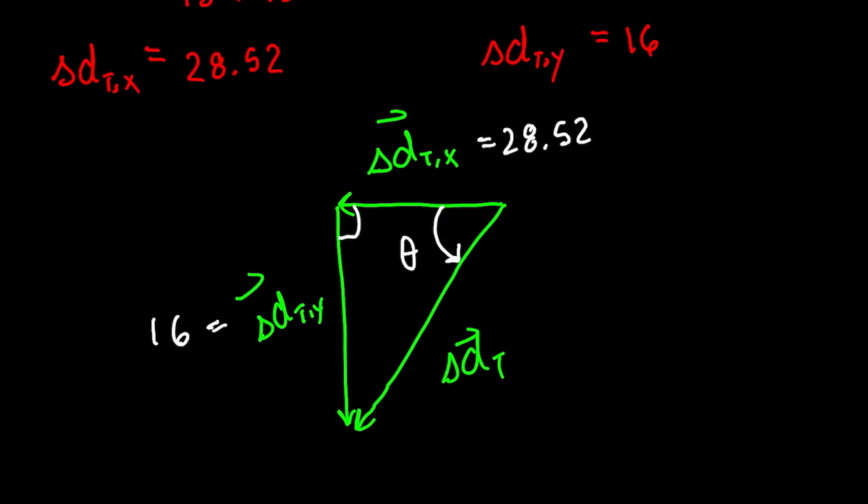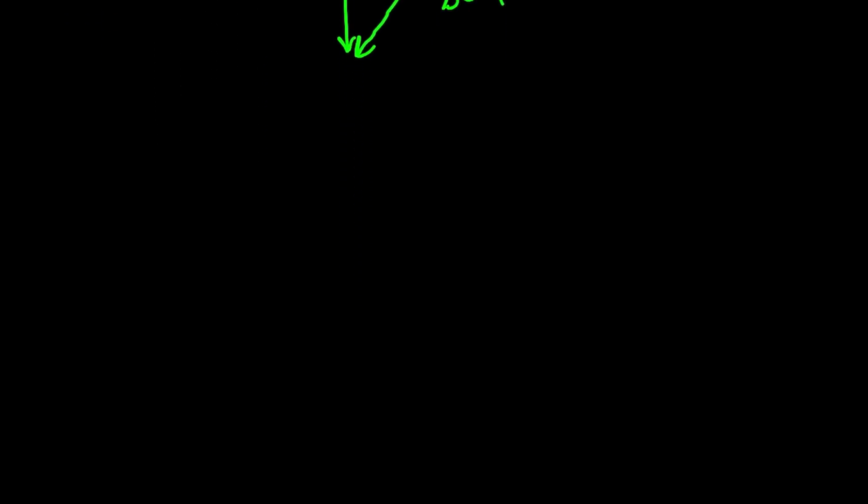Again, we're going to end up using trigonometry for right angle triangles in order to solve for the hypotenuse and the unknown angle. So we're going to take advantage of the Pythagoras theorem and the tan ratio in this case.